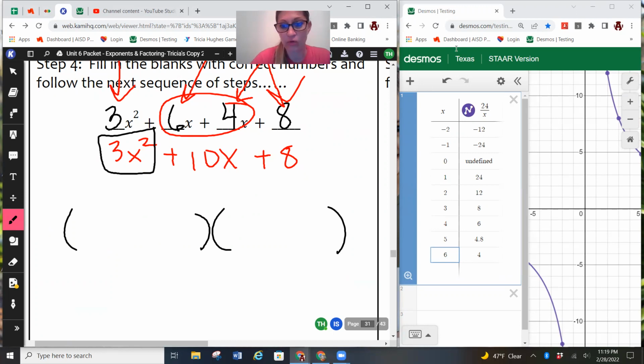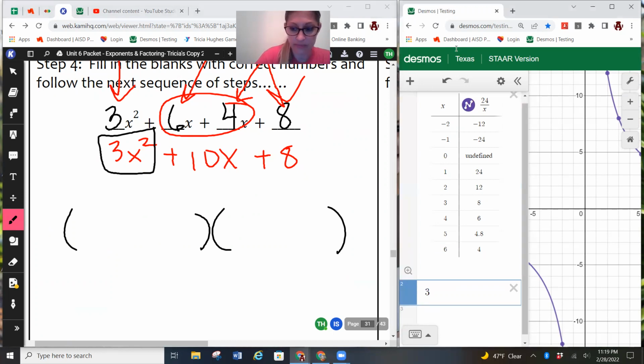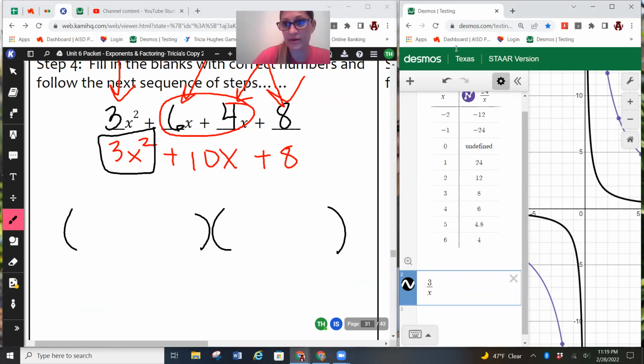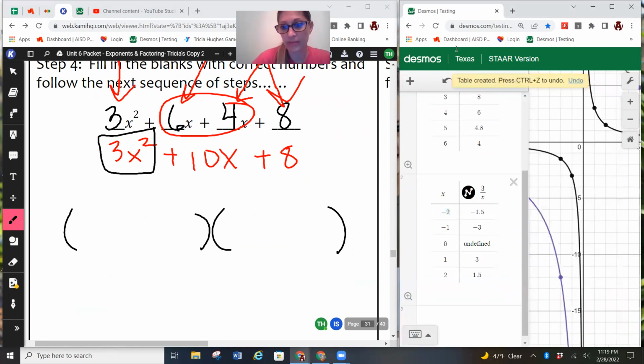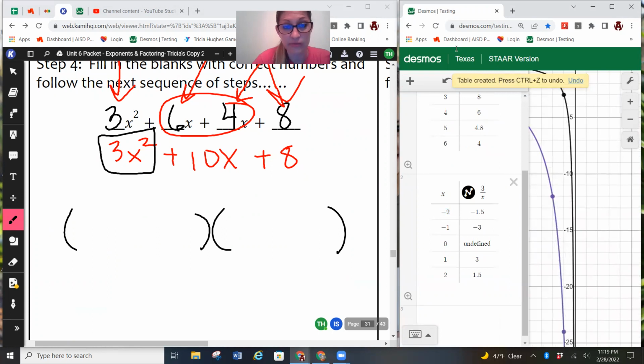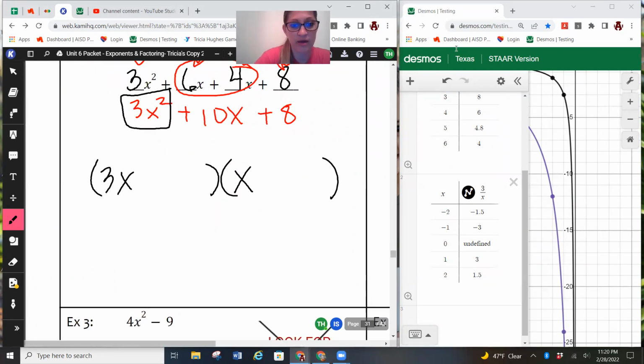Well, the only way to make 3 is 1 times 3. So 3x times x is the only way to multiply to get 3x squared. So what we're doing right now is we're building our box. One's a 3x and one's an x, and that gives me 3x squared. So far, so good.